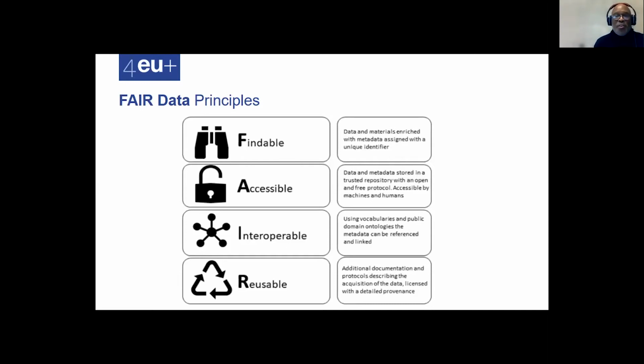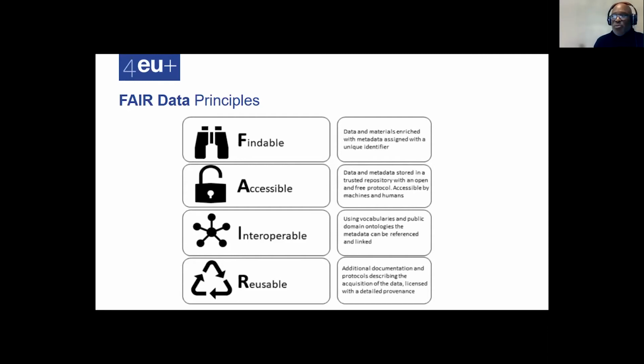And a unique identifier could be a PID, which is a DOI, which will allow your data to be found through a unique nomenclature, which is a DOI number or uniform research indicator.